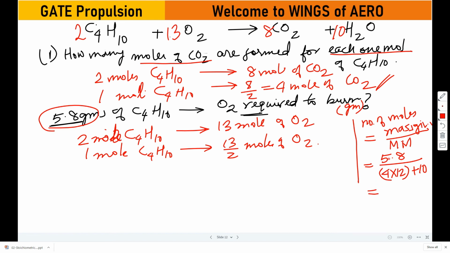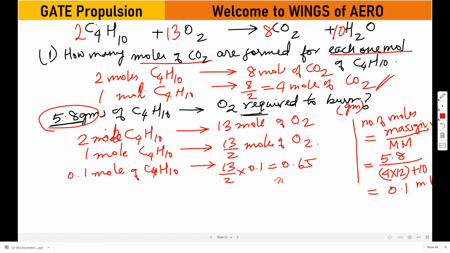Now 5.8 by 58, you will get 0.1 mole. Then for 0.1 mole of C4H10, 13 by 2 into 0.1 will give 0.65 mole of O2.